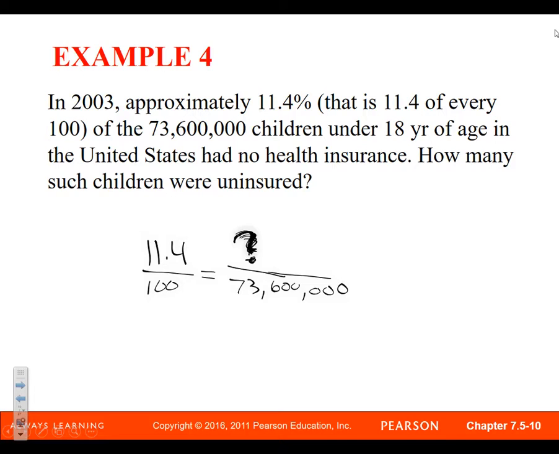Wait, what are the colors? Do you not remember Roy G. Biv? What is that? Roy G. Biv. Red, orange, yellow. Oh, I've never learned that. Well, now you know. And you never forget. Roy G. Biv.